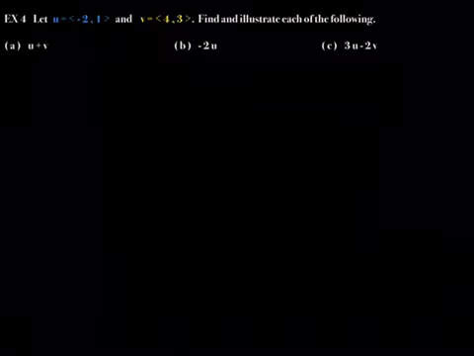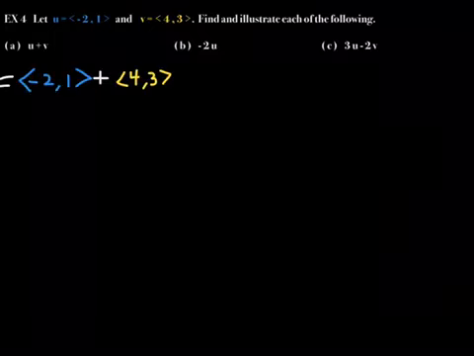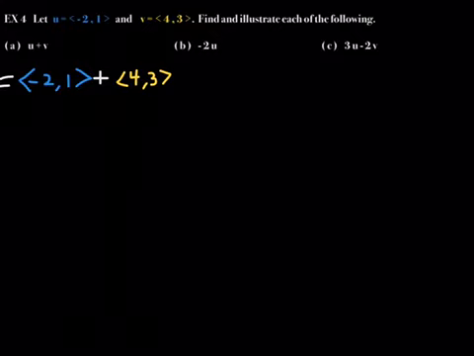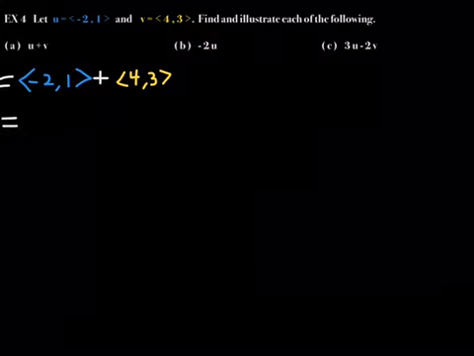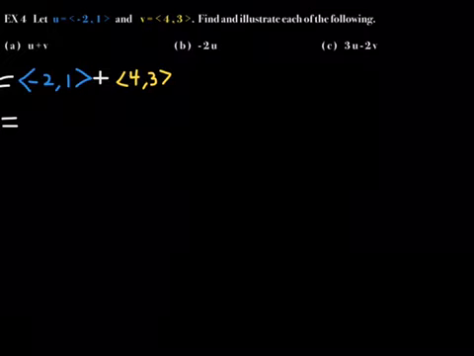Let's find u plus v, and then we'll illustrate it, all right? Okay, everybody, I have vector u written on the board and vector v also on the board. I bet you can take a really good guess at how we're going to add our 2 vectors.